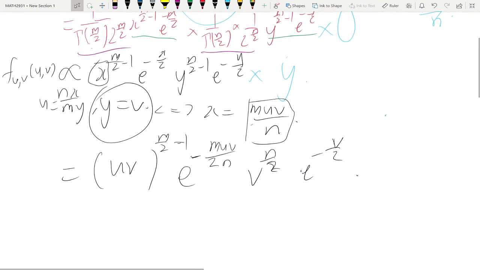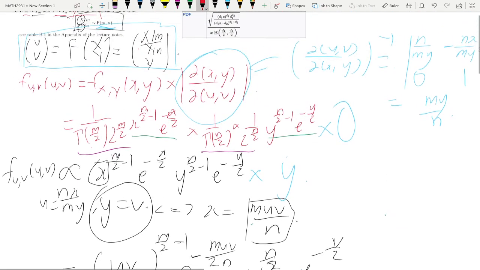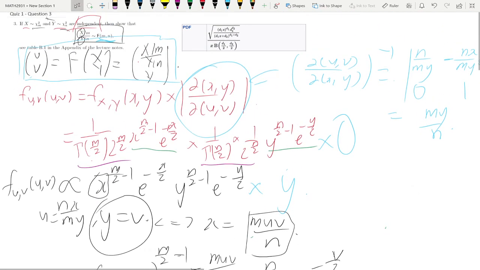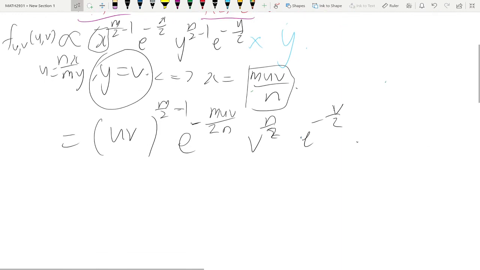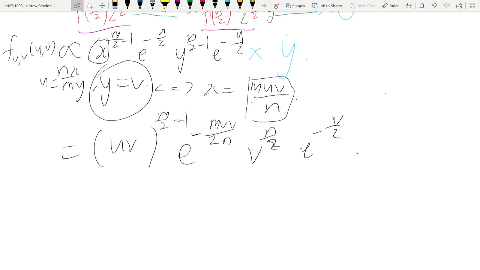Now, we have to remember our original purpose of doing all this in the first place. We want to find a distribution of u. So you want to isolate u, essentially. So you want to integrate out v. So we're going to group up the u's and v's. The u's in this case is just u to the power of m on 2 minus 1 from this.